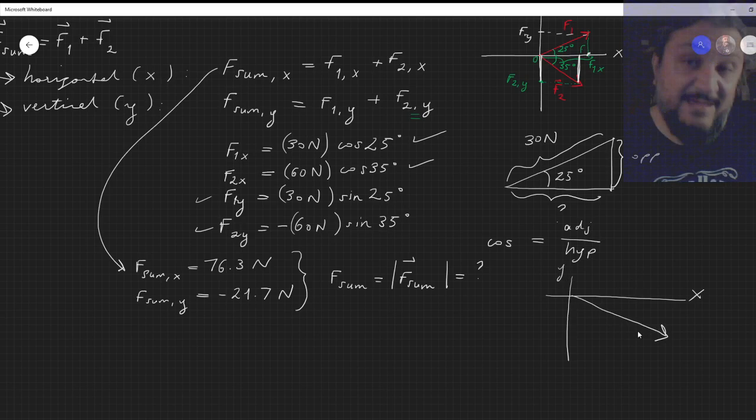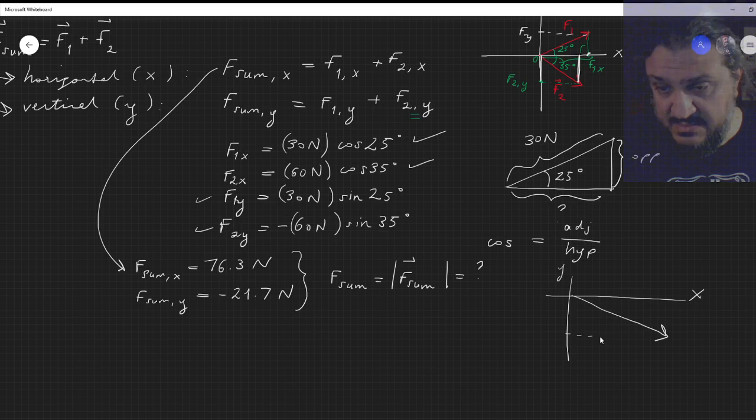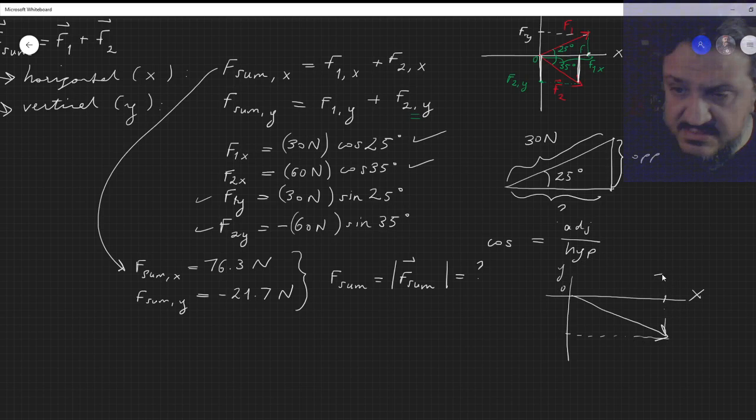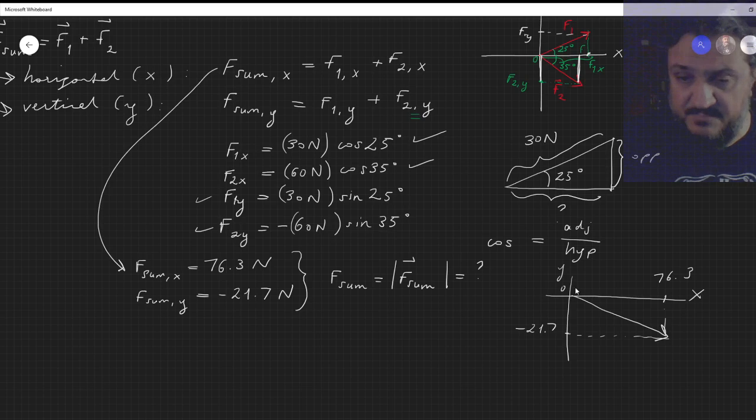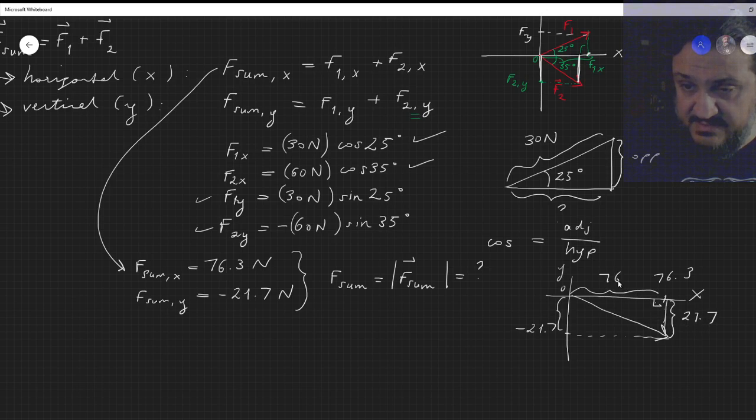I want to find the length of this vector. All I know is these numbers. This is the origin here, and that number is 76.3. And this one here, negative 21.7, corresponds to this side. That's 21.7, and this side of the right triangle here is 76.3.